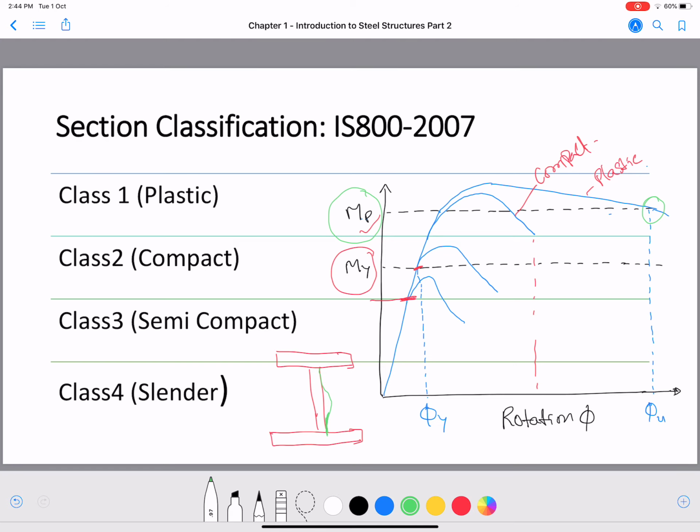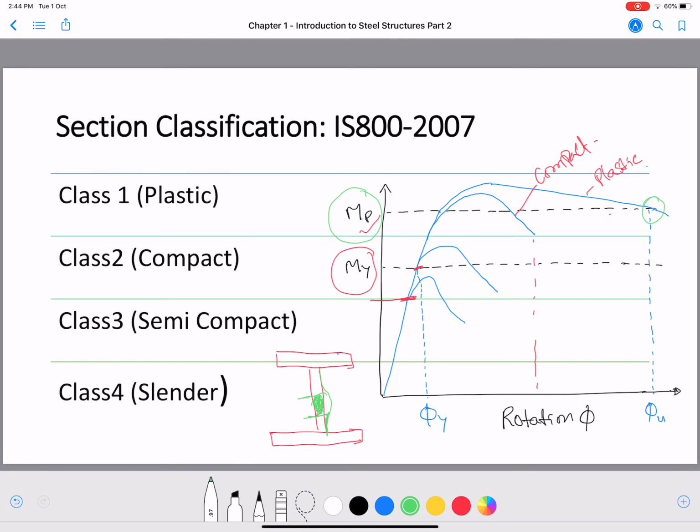So in reality, in the calculations, the complete sectional properties will not be available because this portion has already buckled locally before it reaches the yield point. So you will be deducting this portion of the section. That means the total cross-sectional properties minus this cross-sectional property will be taken into consideration.